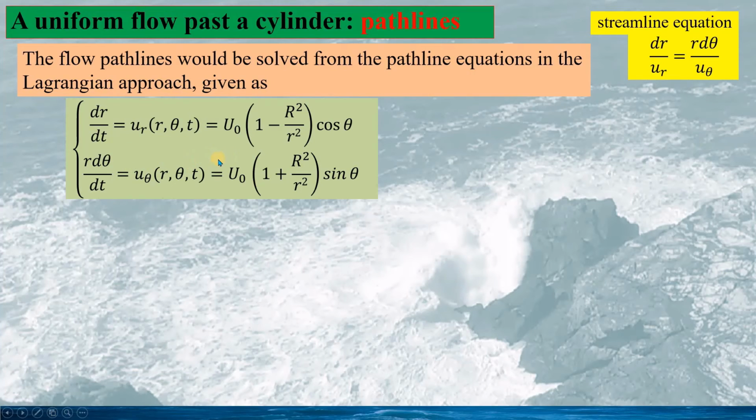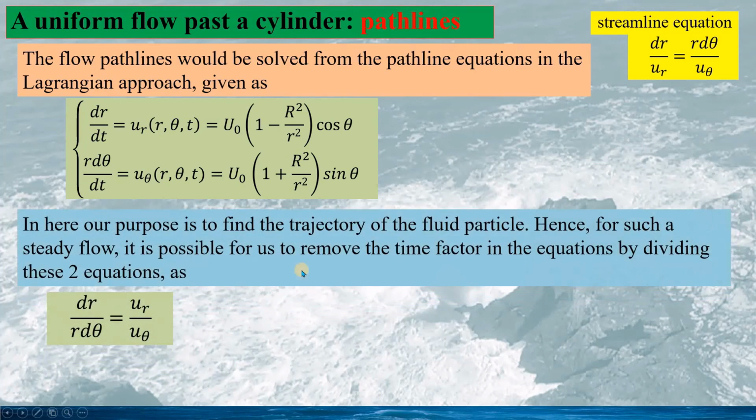Superficially, these equations are quite simple because there's no time in the velocity component. However, the velocity components are the functions of r and theta. Therefore, the integration of this equation is very difficult, if it is not impossible.